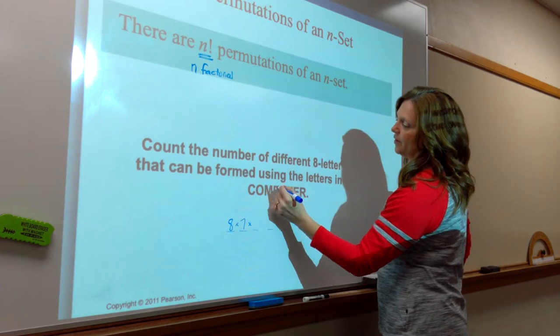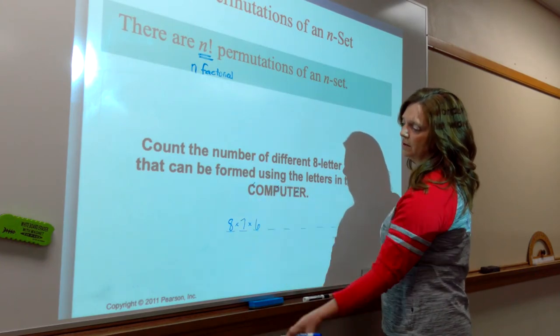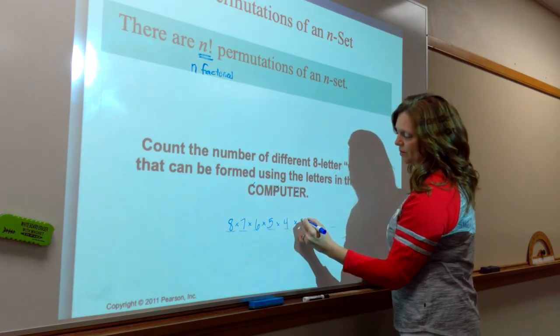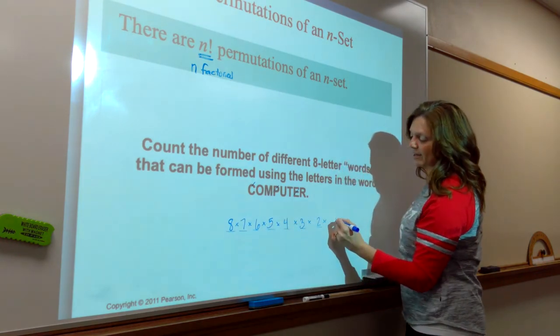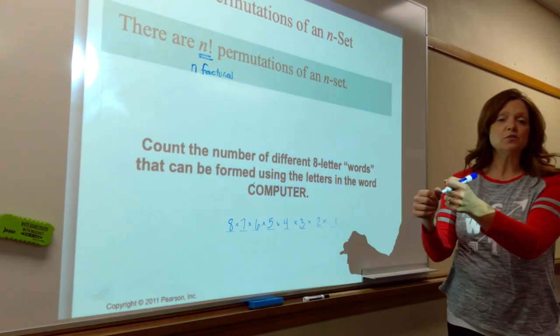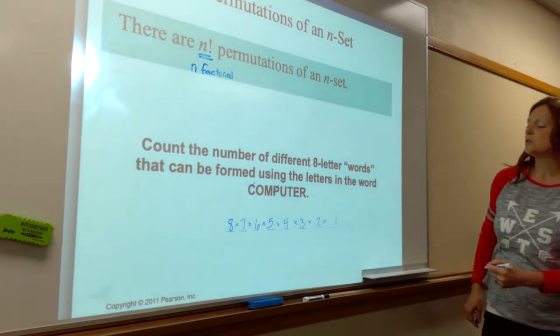Okay. Then I'd have 6 letters to choose from. Then I'd have 5 letters to choose from, and 4 letters to choose from, and so on, all the way down to that last choice. So just be whatever letter is left. Okay. This, of course, if you multiply that all together, gives you 40,320.